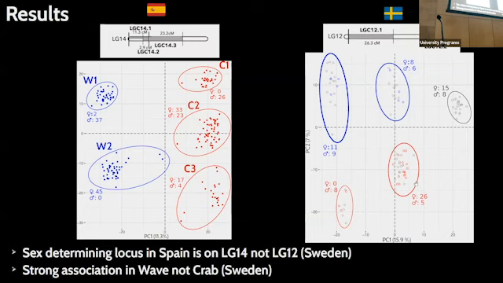We have a similar pattern in the sense that in one ecotype, we have those different arrangements that are clearly associated with sex, but it's actually found in the wave ecotype and not in the crab ecotype, where you have a strong association with sex. So that's a different sex determinism system between the ecotypes in two locations. People are working on that right now. I cannot say much more about this, but it's a very interesting system.